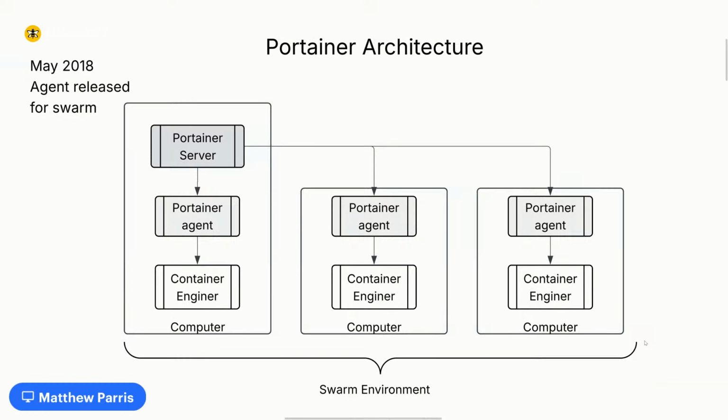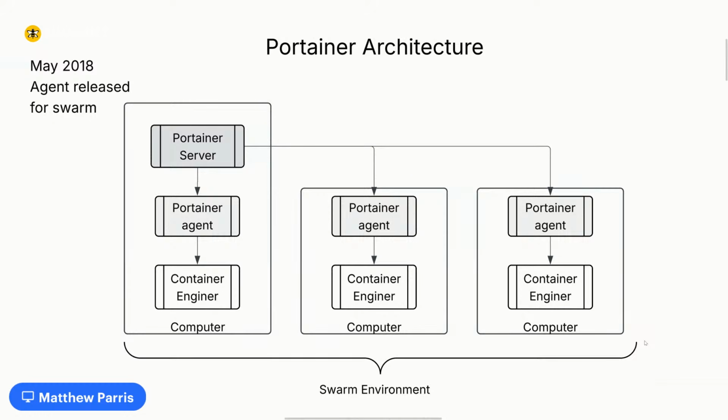But you use the Docker engine to connect them together and form a swarm. And you have a master of the swarm, and then you have workers. But it's this idea that the agent can run and connect to each of those instances of the engine. And then Portainer can connect to those to manage the network resources and the volumes and all the things that go into that.